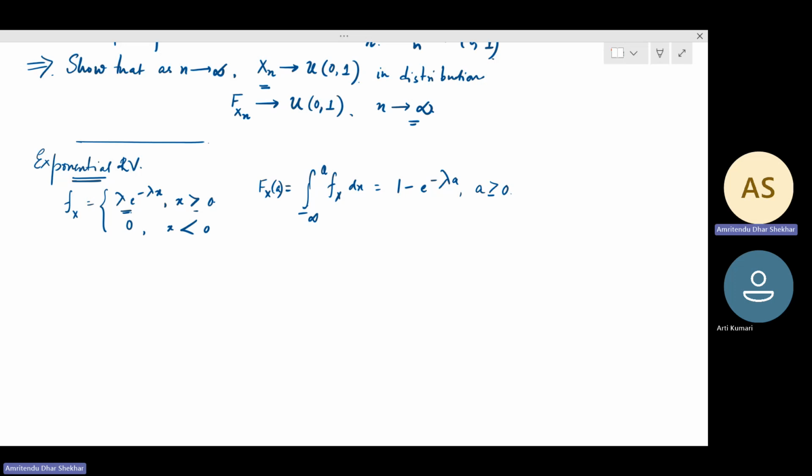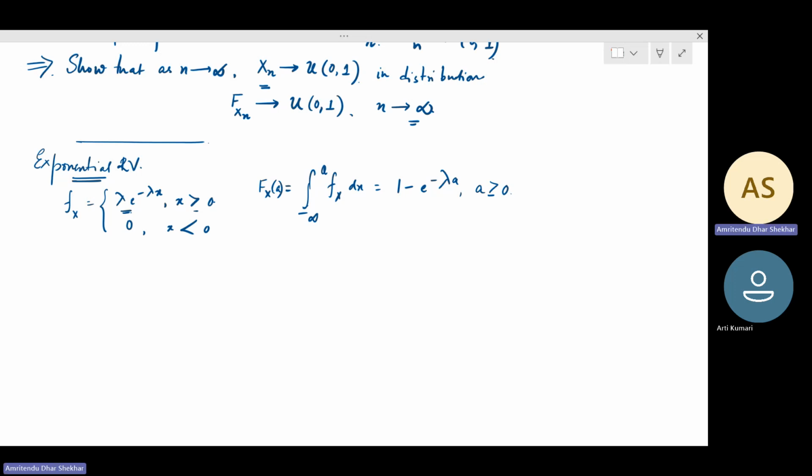So the exponential random variable occurs very frequently in practice because when we are modeling events, it often turns out that these events are best modeled via exponential random variables.